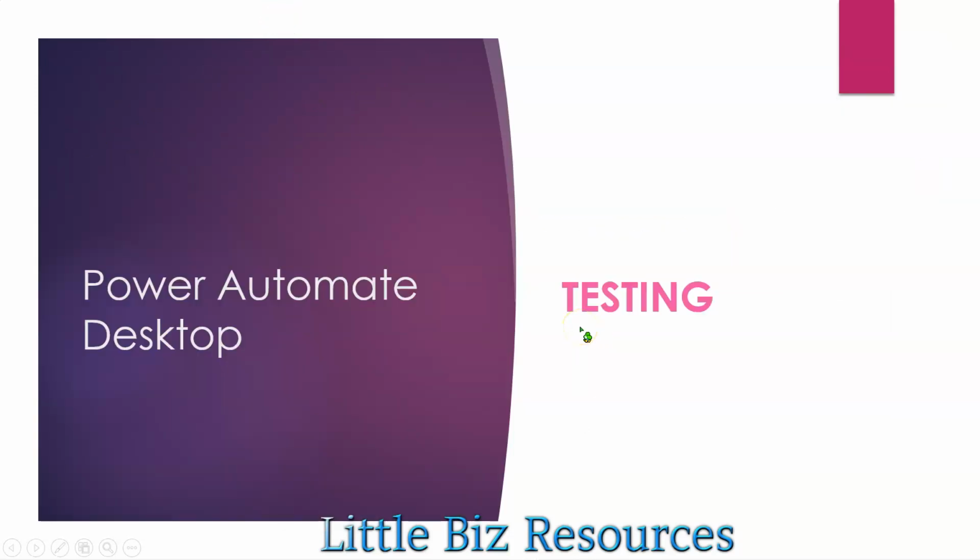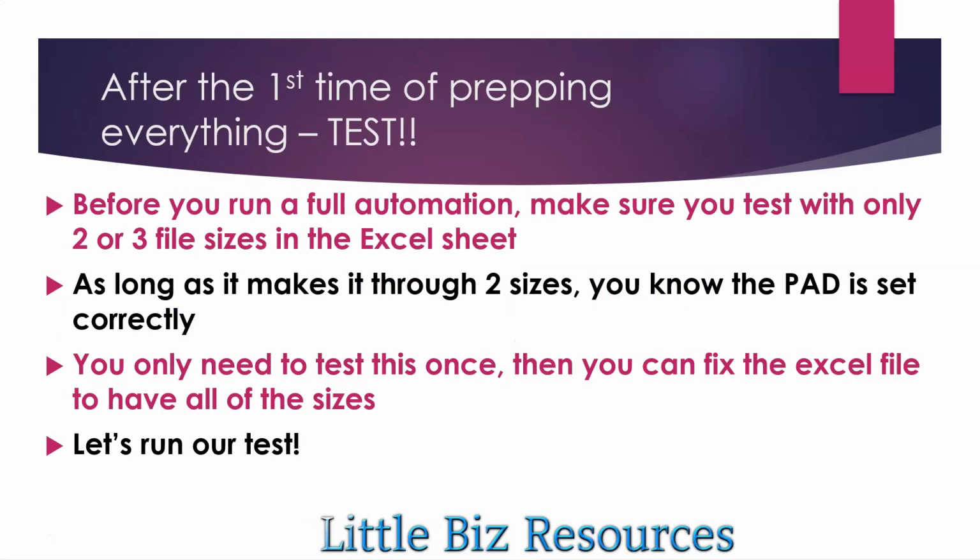Okay. Now we want to test. If you've done the testing already, you don't have to test again after you've set up the automation. The testing is something you only do after the first time of prepping everything, right? So you've prepped your one-time things, you've prepped your prep, which you have to do each time anyway.